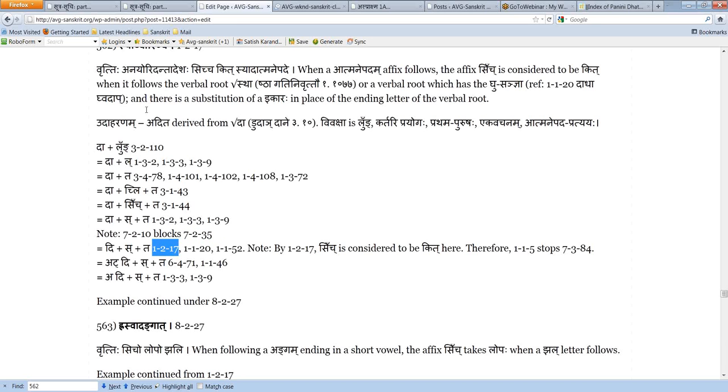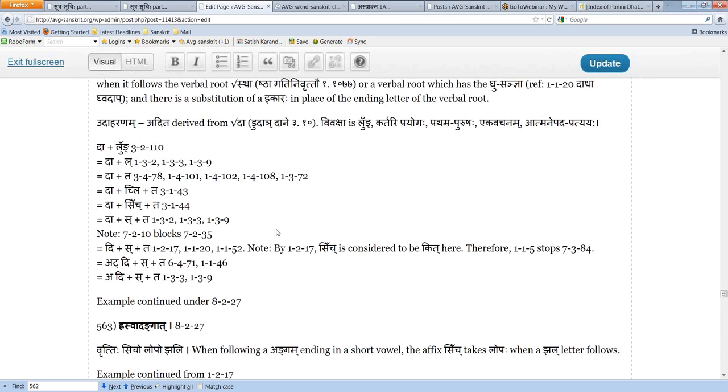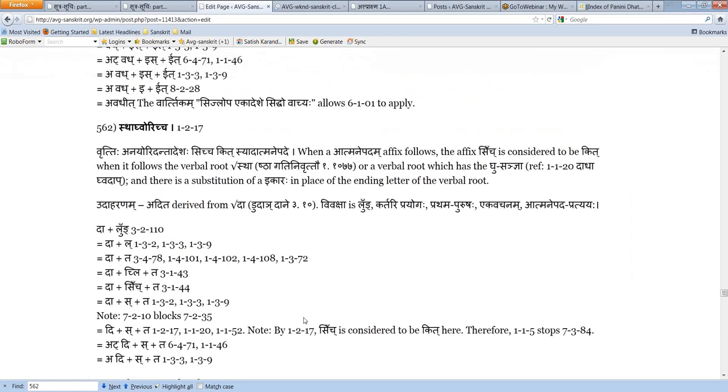We have the dhatu da, which is the gu sanya by dada gvadap, okay, and sagvoricha says sichakit syat atmanepade and anayor idanta adeshaha. So we do two things. We make ikara adeshaha, for this da it becomes di, and the sich becomes kit.